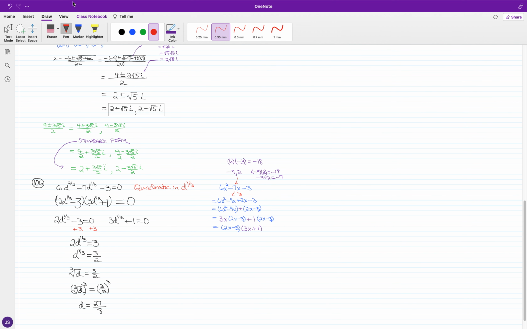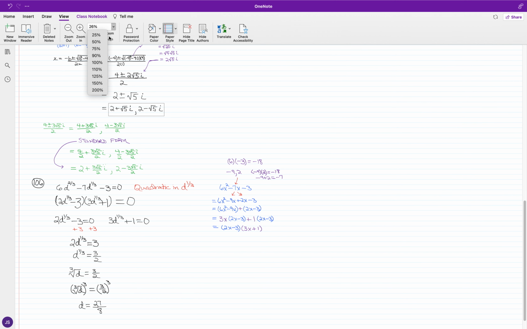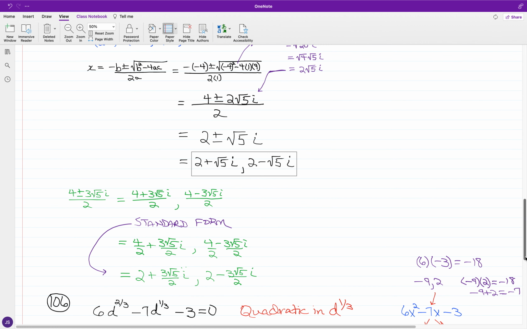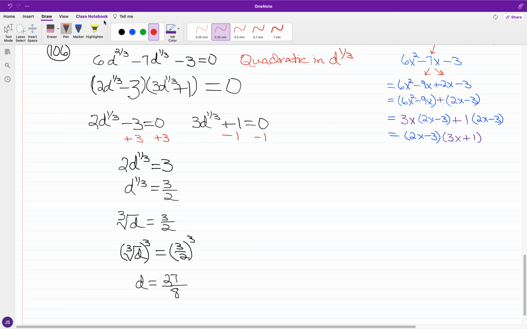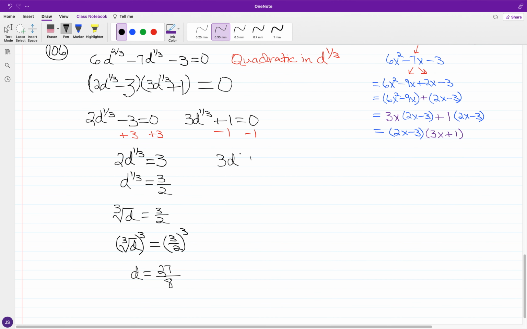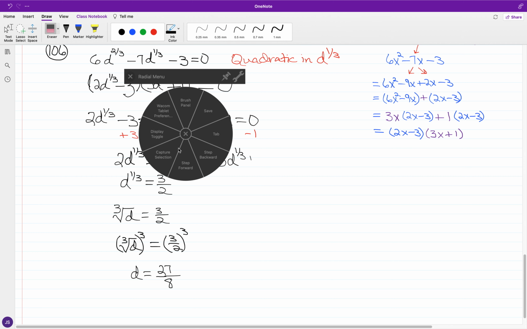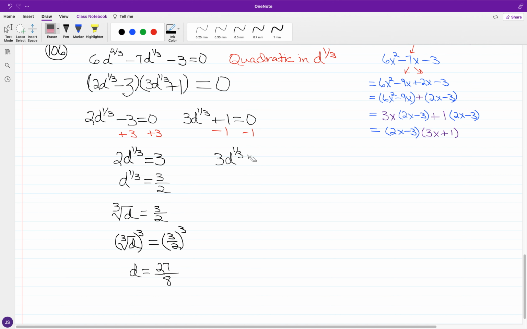And for the other, 3d to the 1/3 plus 1 is equal to 0. If I isolate, just taking 1 away from both sides, I'm going to have 3 times d to the 1/3 is equal to negative 1.